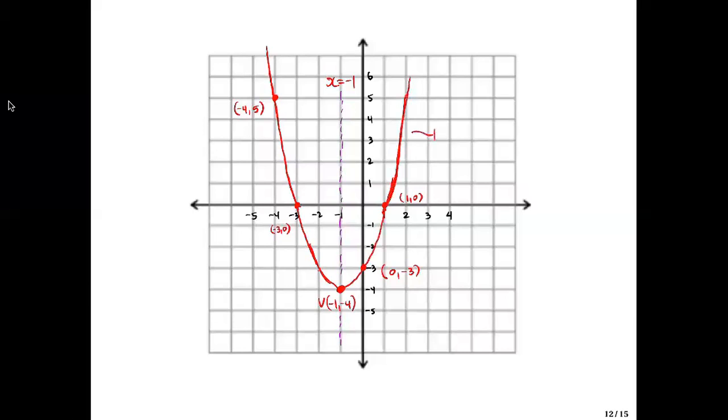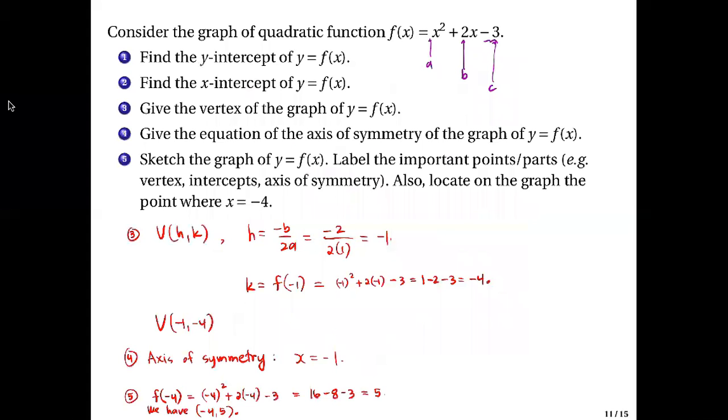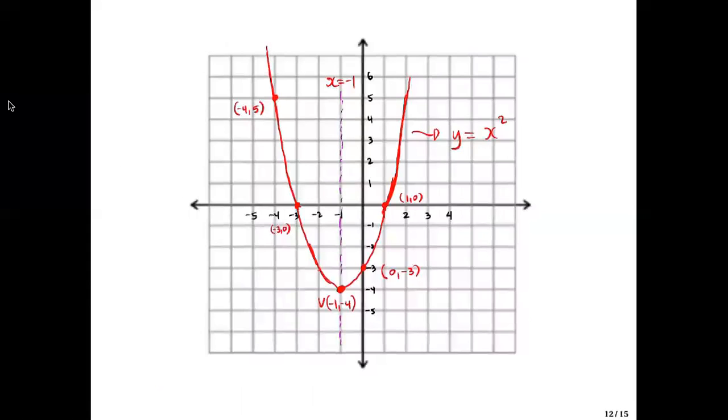So this is the sketch of y equals x squared plus 2x minus 3. Questions?